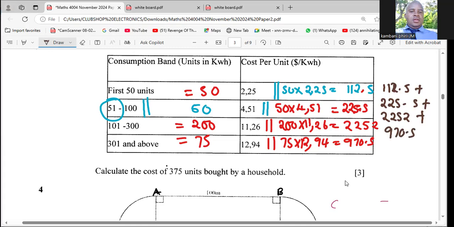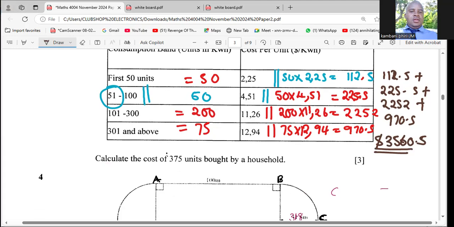Okay. So 970.5 plus 2,252 plus 225.5 plus 112.5. So we are going to get 3,560.5. This is what you're going to get.